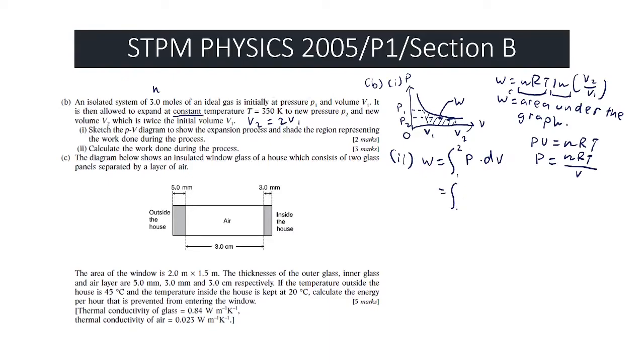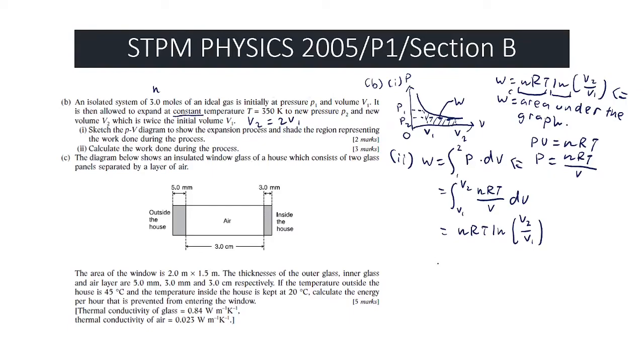From here, let's say we go from V1 to V2, so it is nRT over V dV. If we integrate this, we will get nRT ln(V2/V1), which is the formula I wrote down here, just to show you how to get from this fundamental equation.